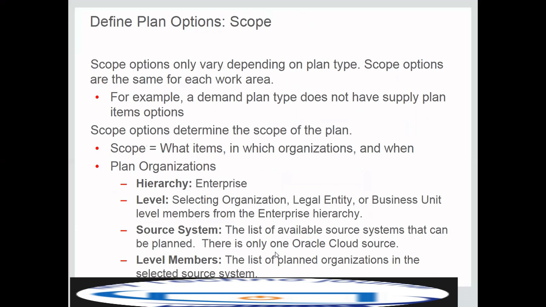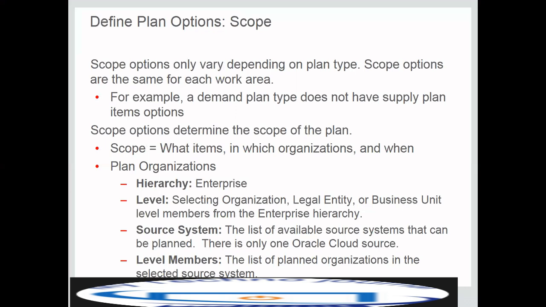And when defining the plan, the scope tab is used to configure the organizations, the items, the time horizon, the planning level, and the demand forecast for whatever I want to include in that particular plan. Okay, so the hierarchy is going to decide, within the enterprise, what is the member, whether I want to do it at the legal entity level, or at the business unit level, or at the organization level.